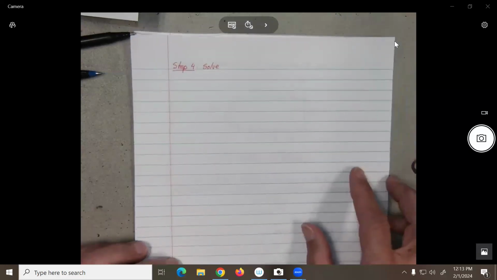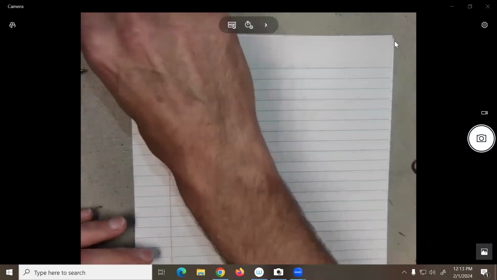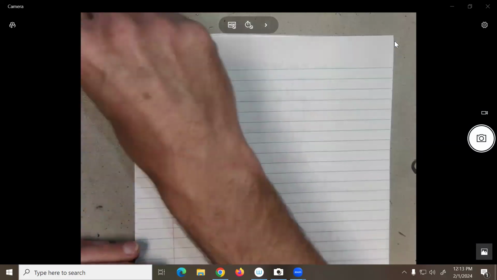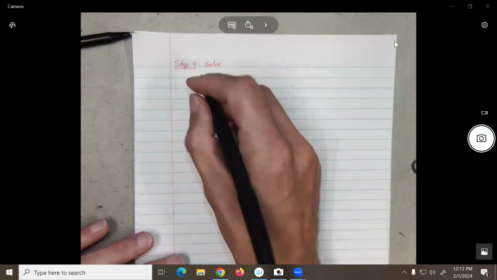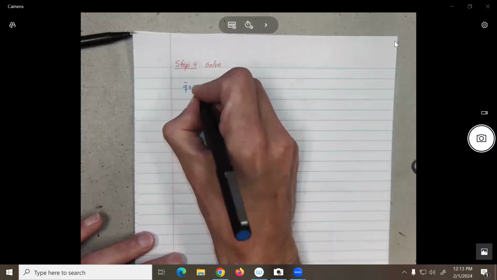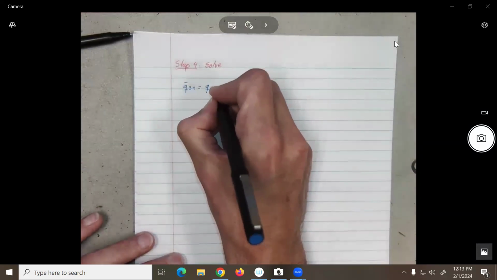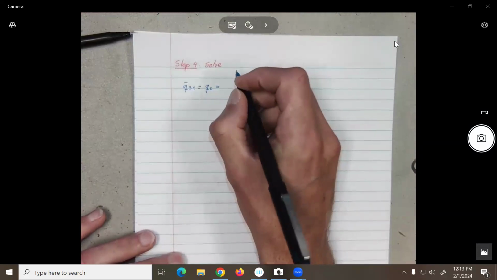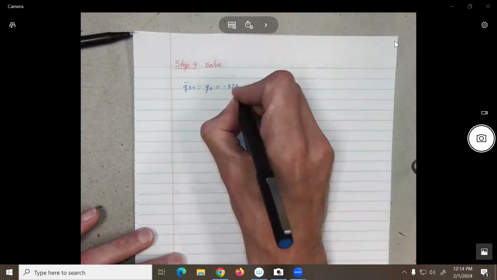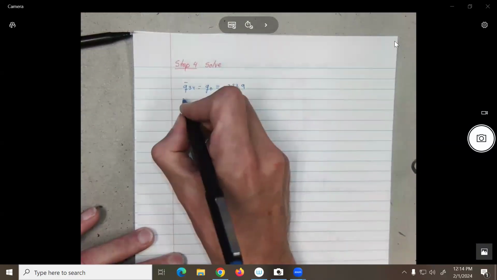Step four will be solve. So what do we need to solve? So let's see. I'll go back to this page over here to step two. Okay. So from step two, what do we have? We have that Q bar 3, 4 equal to Q naught. So this is going to give you minus 323.9.